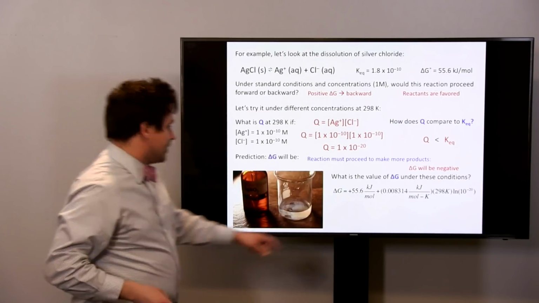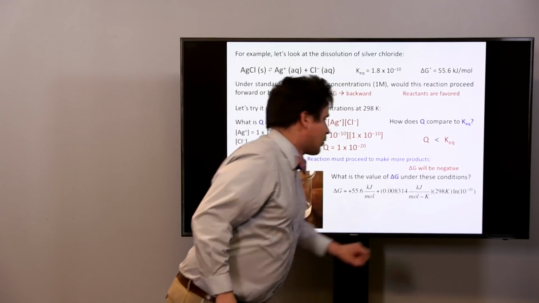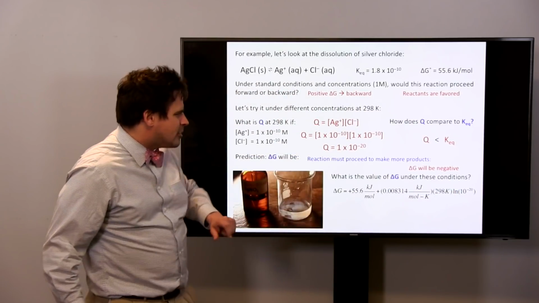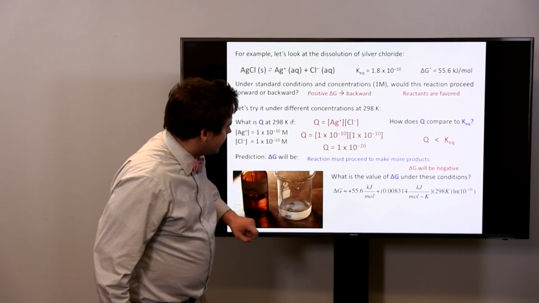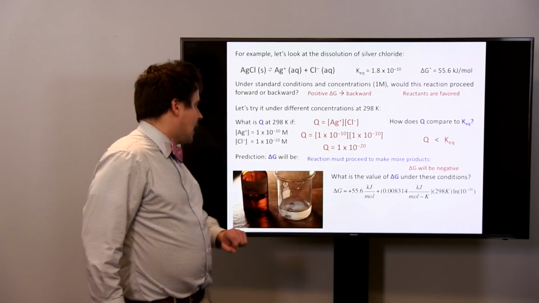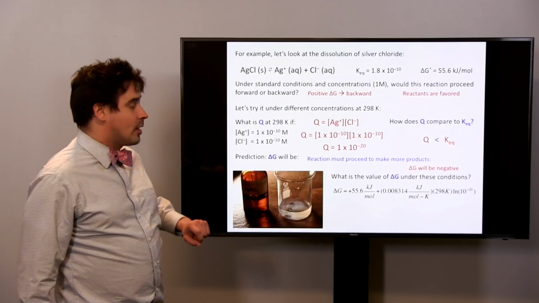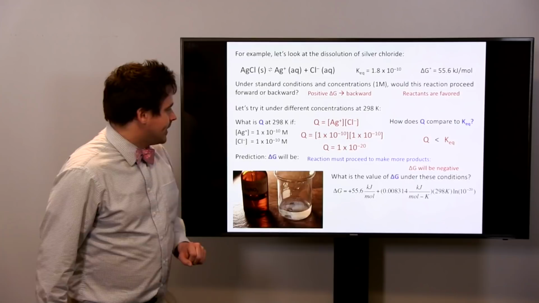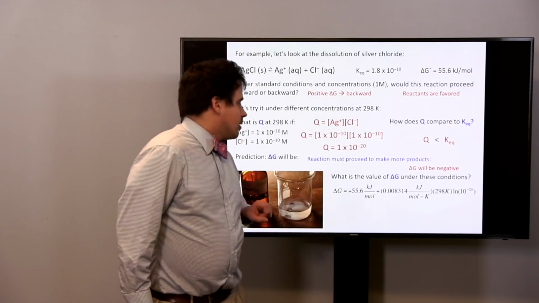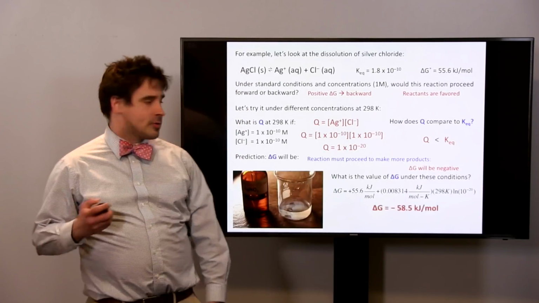If we plug in 1 times 10 to the negative 20th, take the natural log, that's going to be a pretty negative number, times 298K, times our gas constant, 0.008314 kilojoules per mole Kelvin. Note we need these units to match up. And then we add in our standard, 55.6 kilojoules per mole.